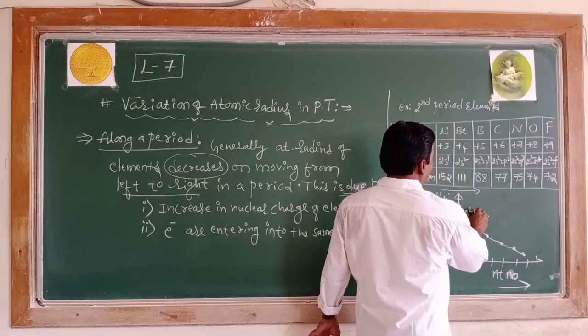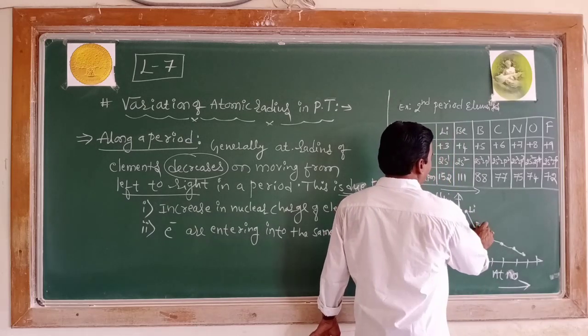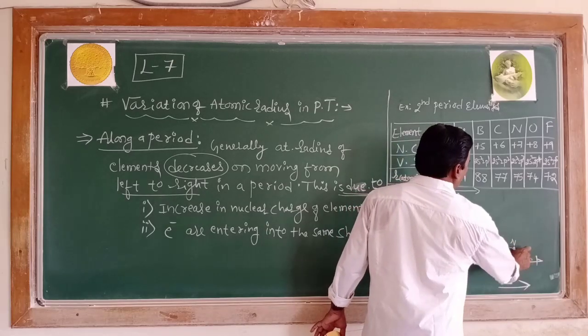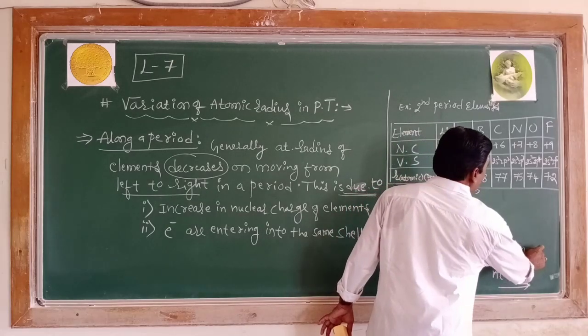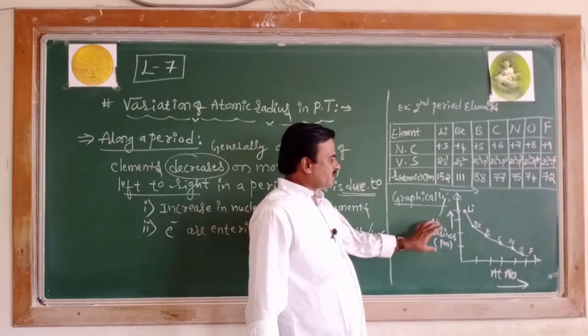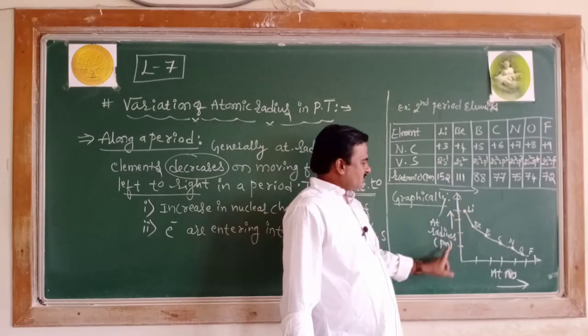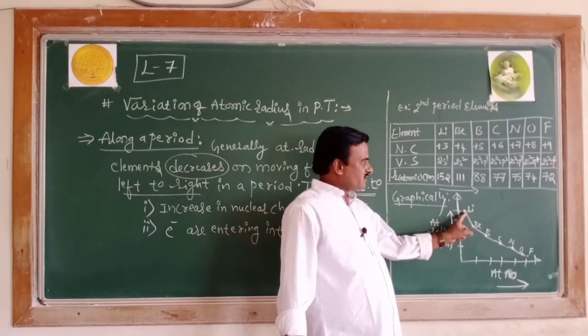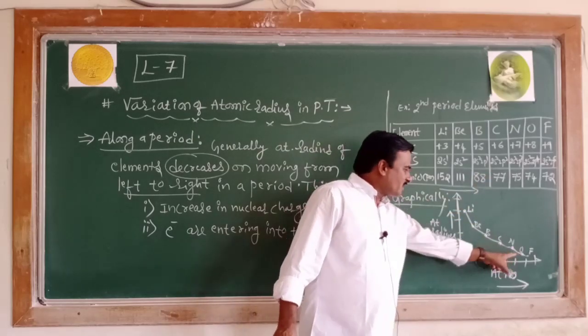So lithium, beryllium, boron, carbon, nitrogen, oxygen, fluorine, and so on. Graphically one can notice that moving along the period, the atomic radius decreases. Lithium has the highest atomic radius, fluorine a low atomic radius.